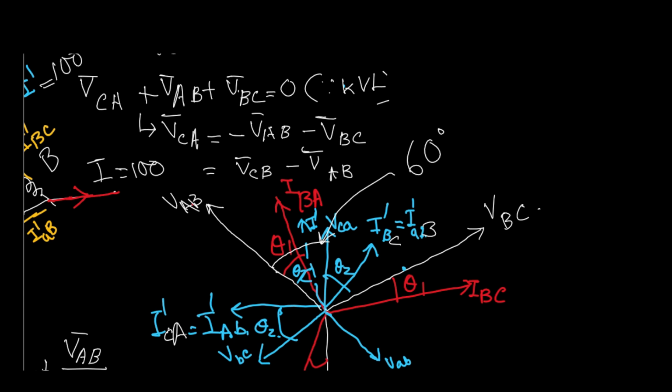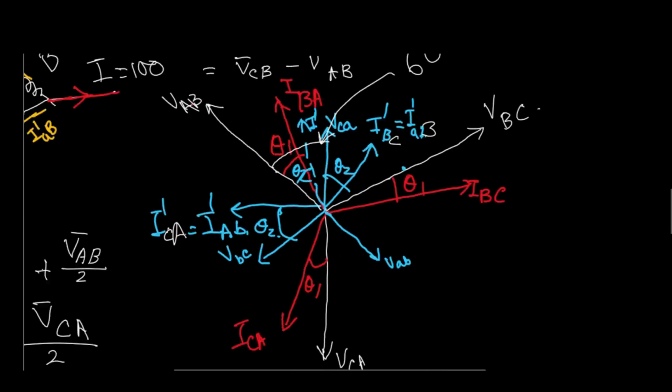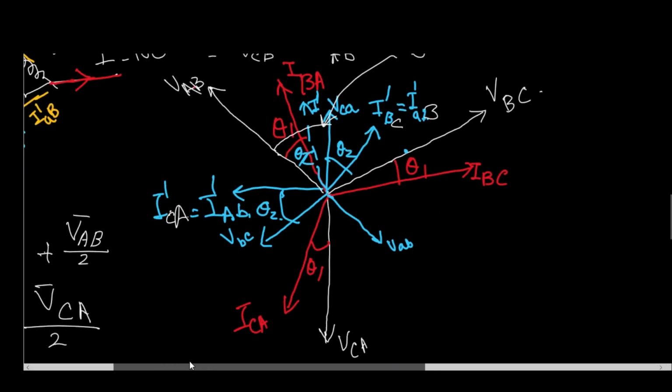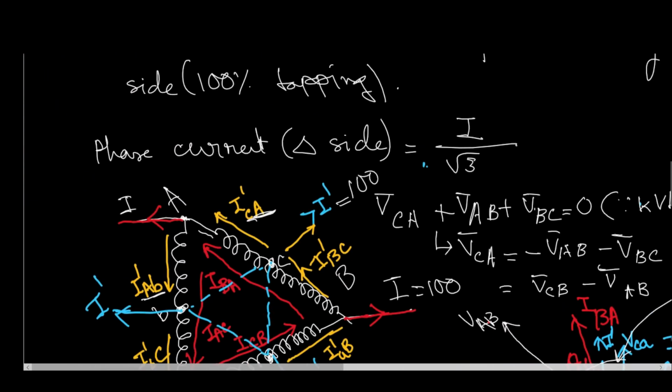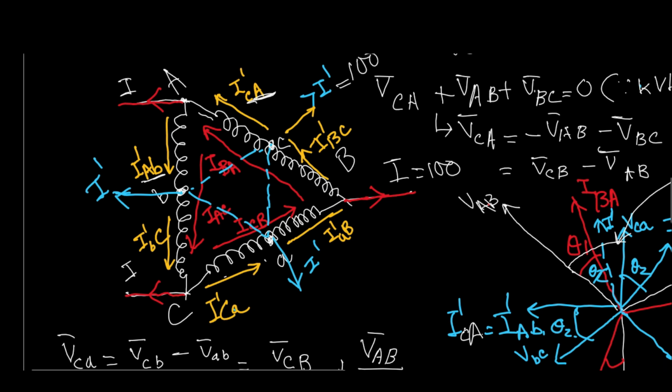Why I am interested in I dash CA and IBA is that if we go to this diagram, you will find that I dash CA and IBA are actually flowing through the same winding, right?